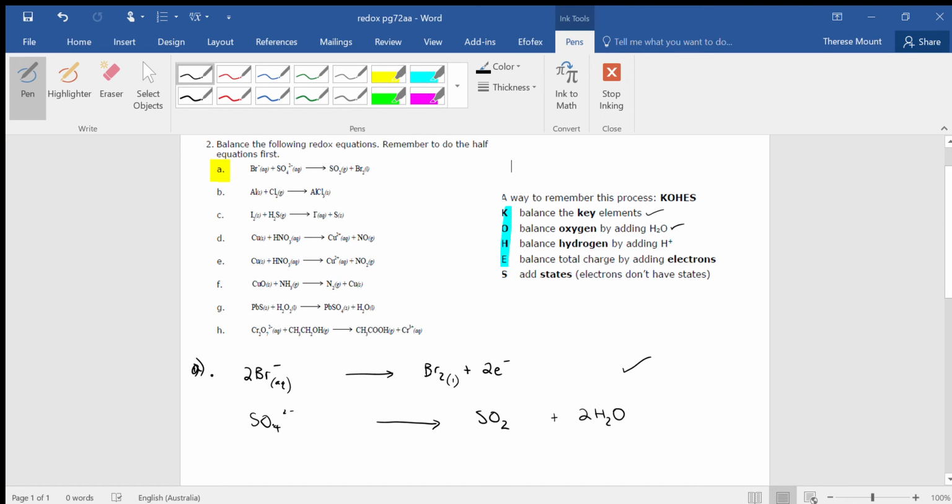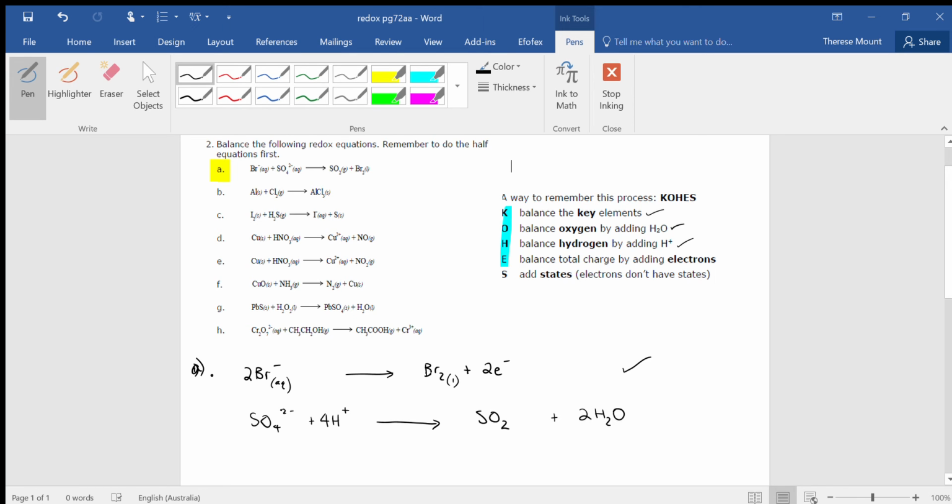Balance hydrogen, so there's no hydrogen on this side, 4 hydrogen on this side, so I'm going to add 4 hydrogen to balance that out. And then balance the total charge by adding electrons. So no charge, 4 plus, 2 minus. Okay, so the overall charge on this side would have to be 2 plus.